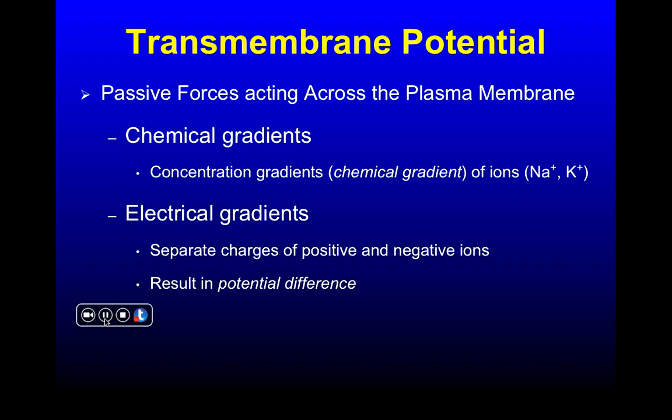So it becomes interesting because sodium and potassium both have a chemical gradient and electrical gradient. So we call that a chemoelectrical gradient, or a chemical electrical gradient. So this is what drives the forces that move these particles across the membrane. So the energy is found in the difference in concentration of electrical gradients or chemical gradients.